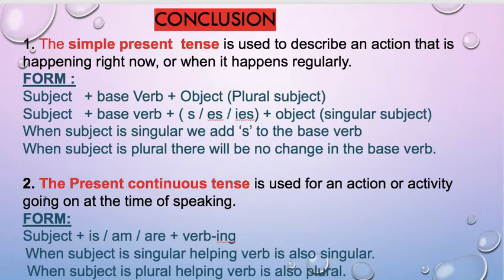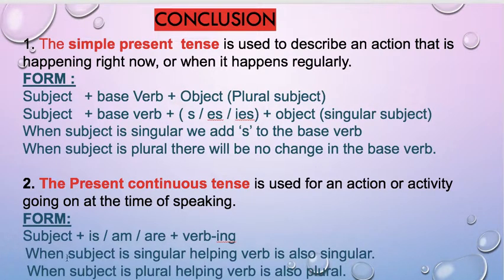Okay, now let us see the next subtopic which we did today, that is the present continuous tense. Let us see the definition. The present continuous tense is used for an action or activity that is going on at the time of speaking. Form: the present continuous tense takes the form of subject plus is or am or are plus verb plus ing.